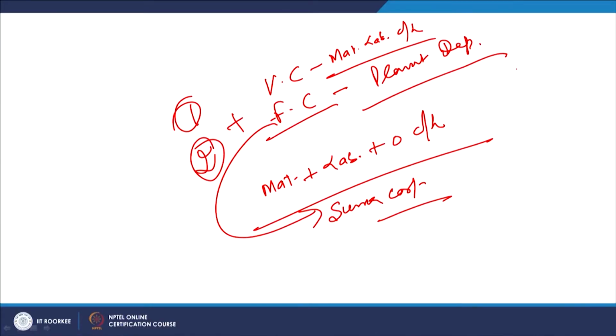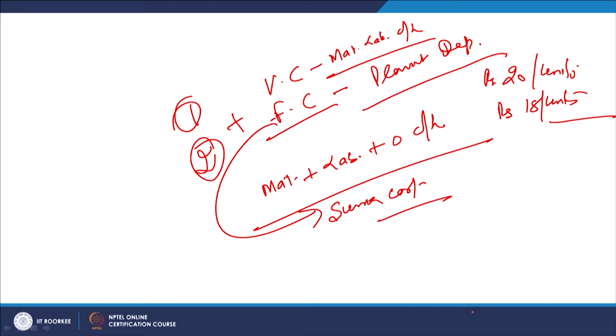For example, earlier we were selling the product in the market at 20 rupees per unit, and now the price of the product has come down to 18 rupees. Some of the people have started selling it at 18 rupees per unit.